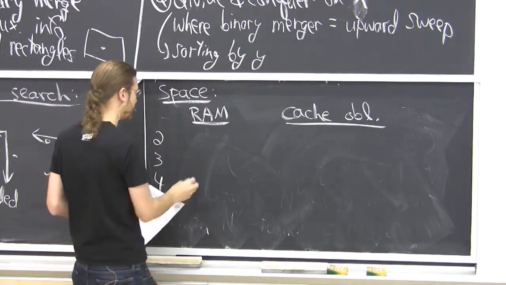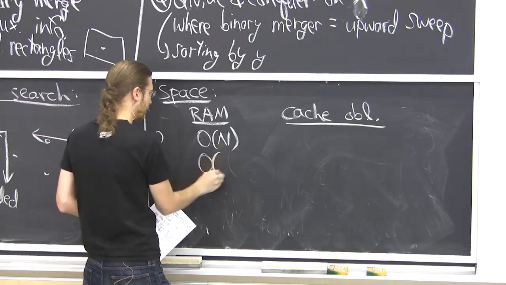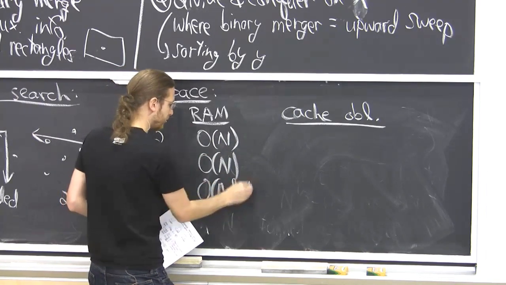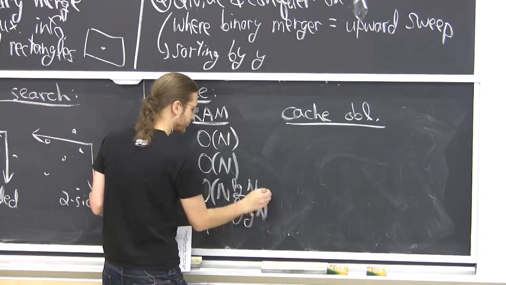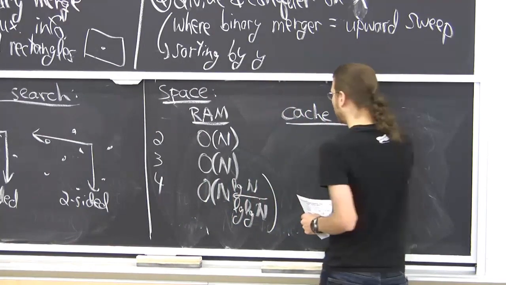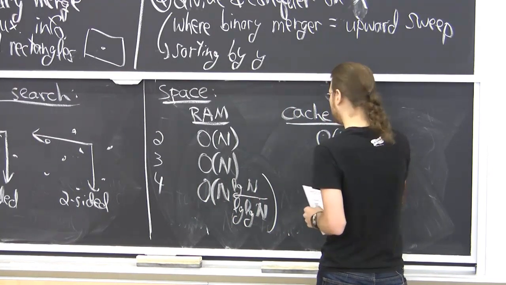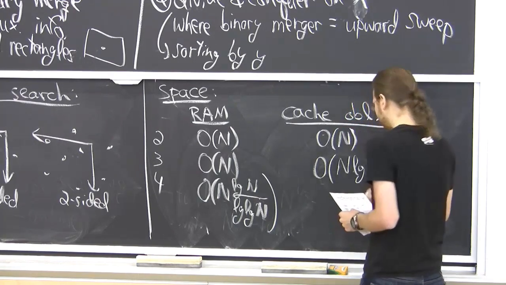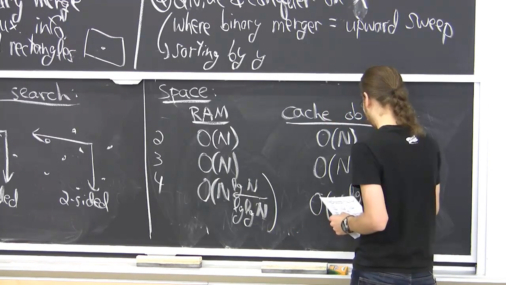And for two-sided, I believe these are the right answers. Log n over log n. We haven't actually seen this one. And Cache-Oblivious, here's what we can do. This is with optimal query times. And this is all static.